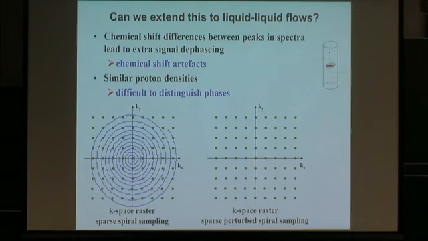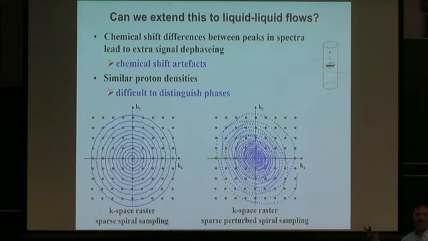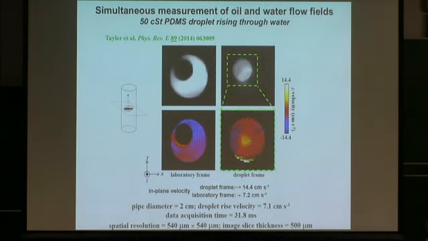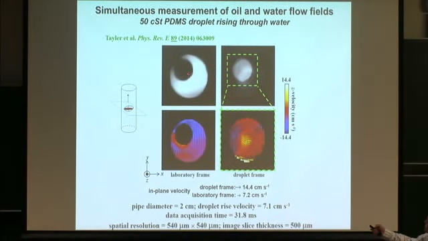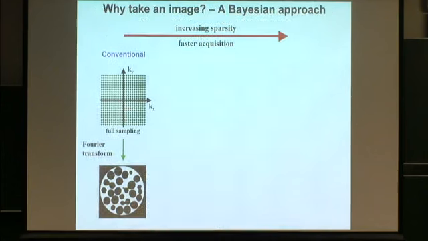But by designing a slightly different perturbed raster, we can then extract some information about time evolution, separating out essentially the chemical shift artifact from the chemical shift phase evolution compared to the positional component in there. And so this is an example for an oil droplet in water, and we can separate them out in terms of the intensity, but we can also independently get the velocity in the two different phases. We need to build in a model. We need to know about the difference in chemical shift separation for that.